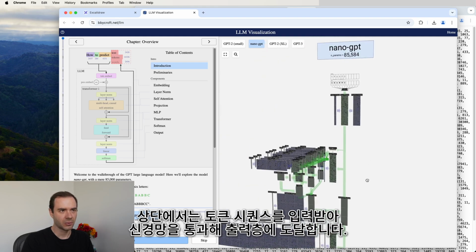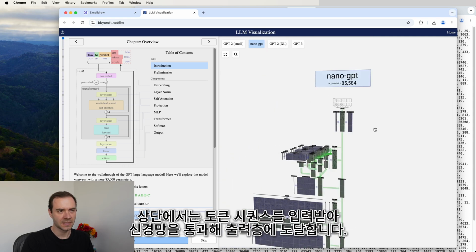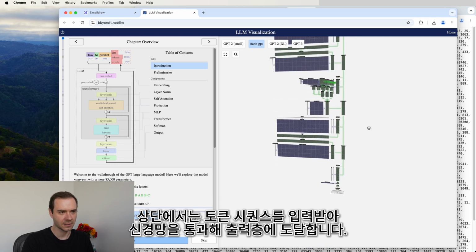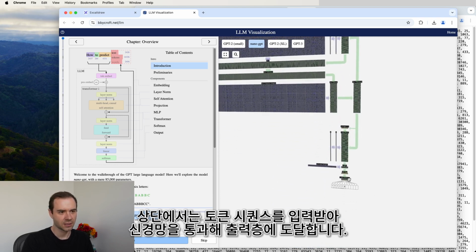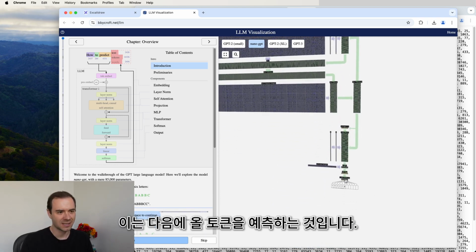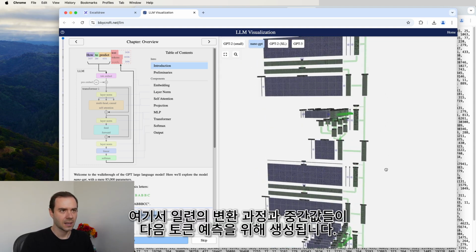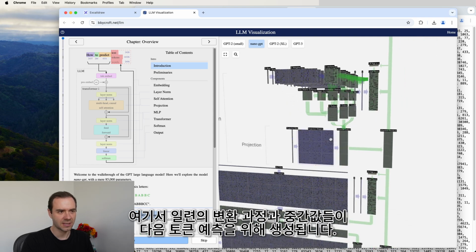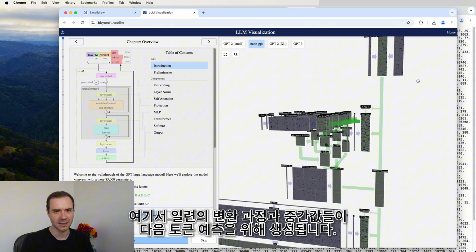Now, here on the top, we take the inputs, which are the token sequences. And then information flows through the neural network until the output, which here are the logit softmax, but these are the predictions for what comes next, what token comes next. And then here, there's a sequence of transformations and all these intermediate values that get produced inside this mathematical expression as it is predicting what comes next.